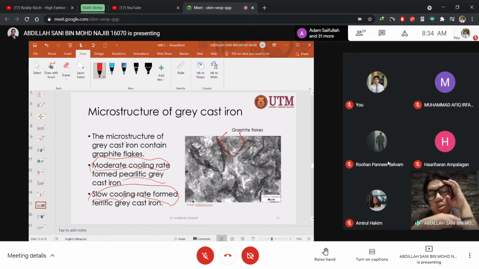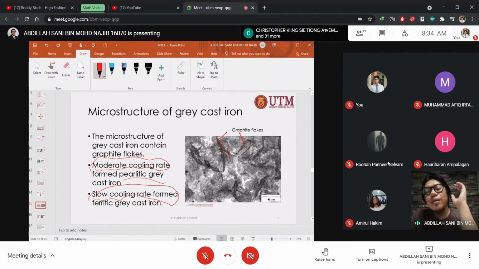But if we slow it more, the carbon inside the austenite also has that opportunity to get together to form graphite. So the remaining structure will be only ferrite.